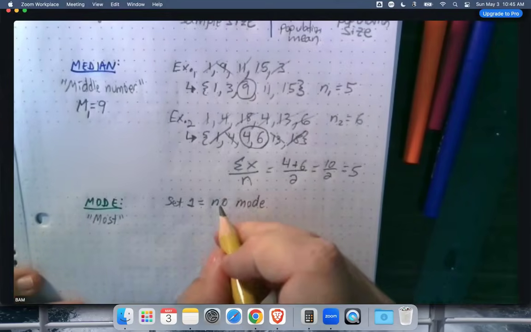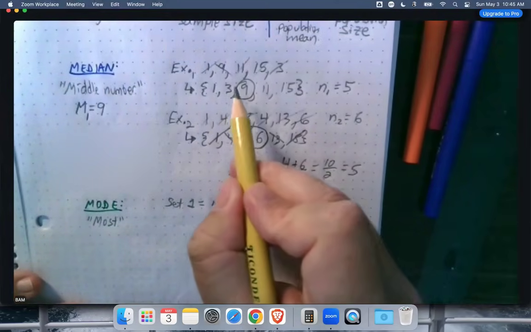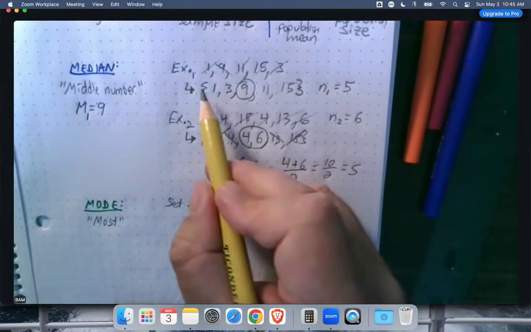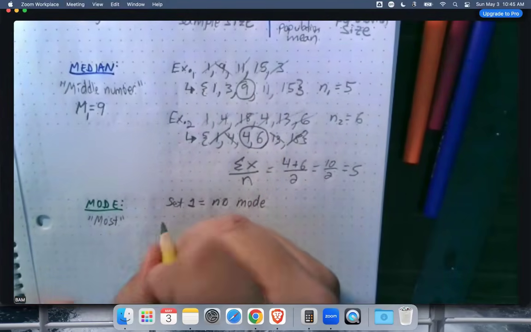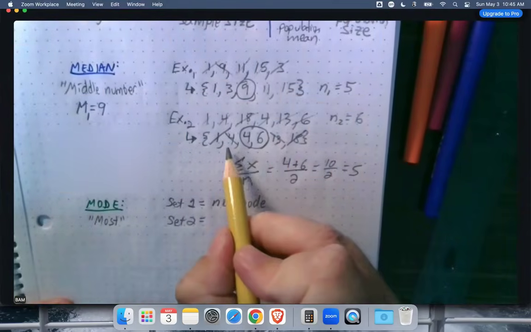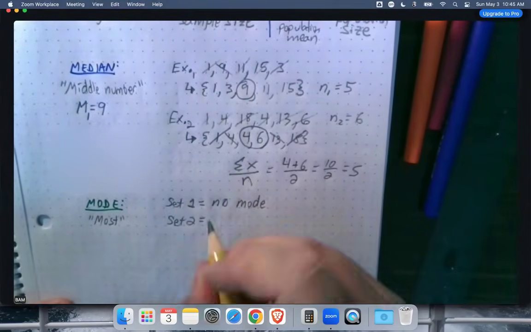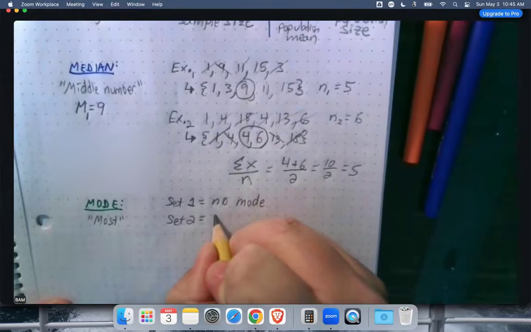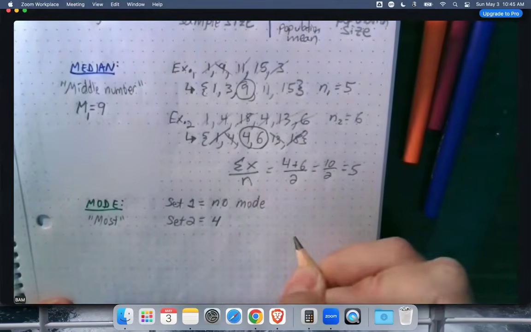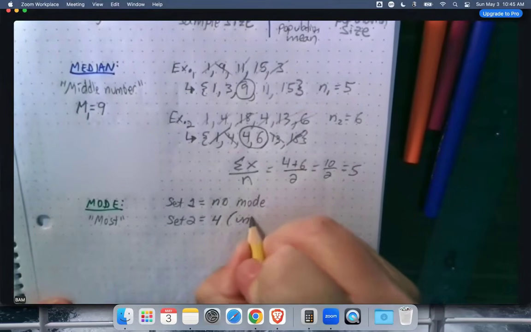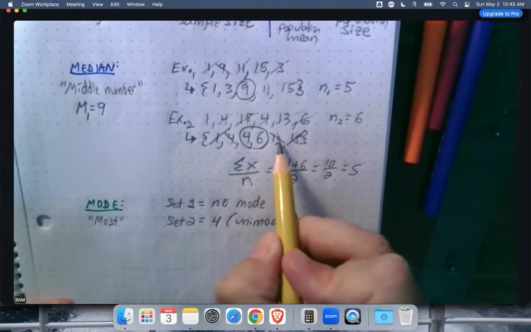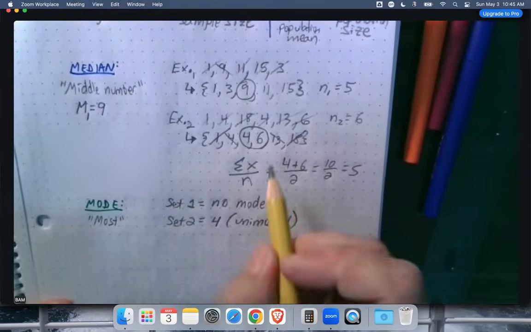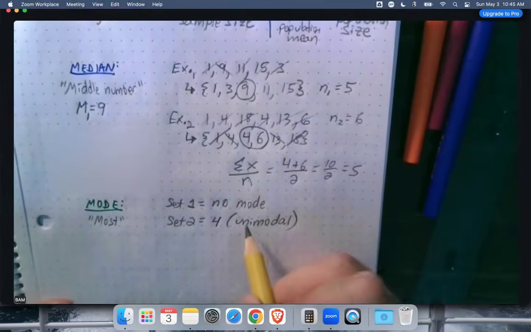A few people would say every one of those numbers is the mode because they all happen the most number of times, which is once. For set two, it just has one mode and it's 4. So it's unimodal. And if these were both 13s, it would have had 2 modes and it would have been bimodal.